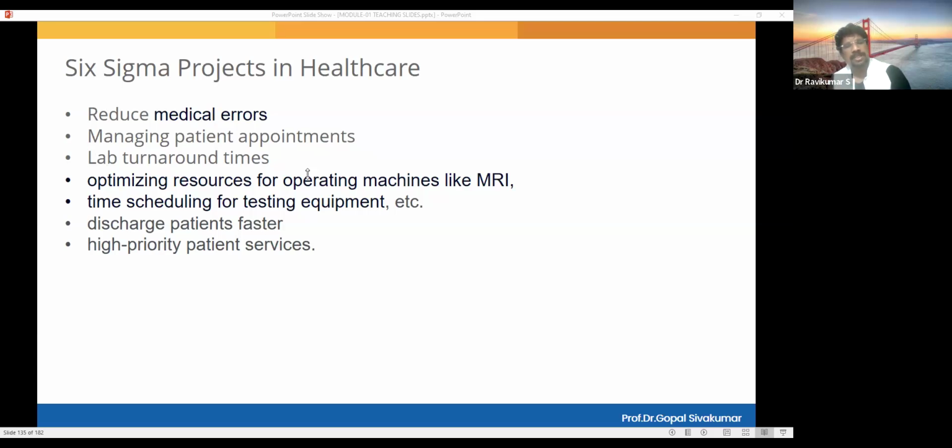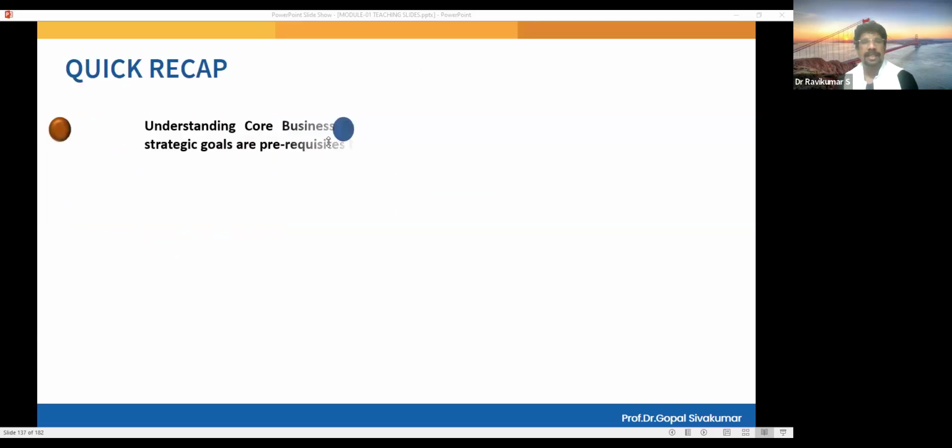The high priority patient service, discharge patients faster. Okay, that is when a patient is cleared of disease or some kind of treatment, they should not wait for a long time, right? So optimizing equipment which is continuously used like MRI, CT scan. So these kinds of projects are available in healthcare.